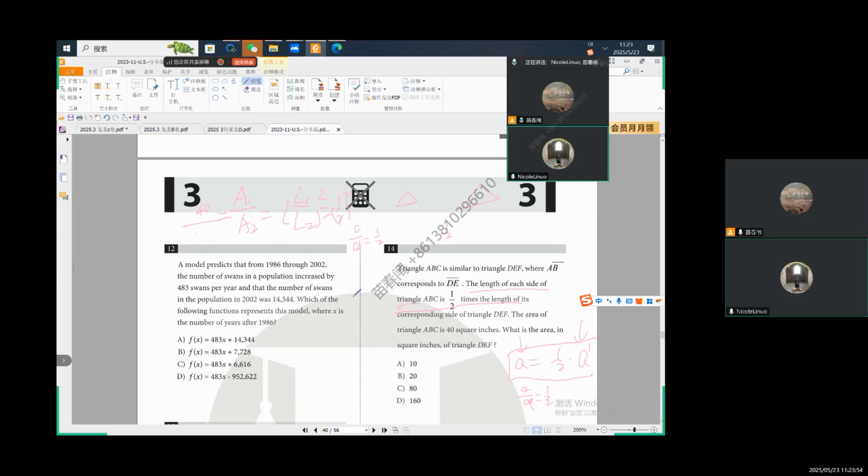Well, I have to square that, which is 1/4. 1/2 squared is 1/4, right? So it's 40 times 4 over area 2, which is D. Oh, okay.